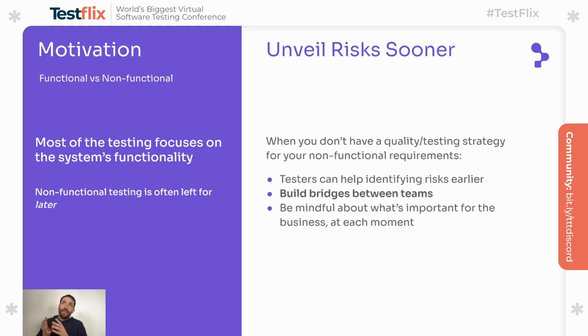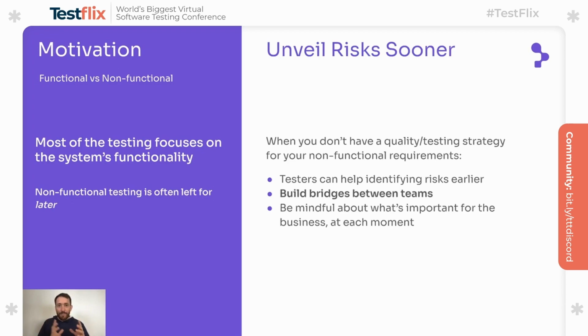If in your team you already have a testing strategy paying attention to particularly accessibility, security, and performance, probably what I'm going to share with you here is not something that will add a lot of value. But in most of the teams, these particular things are not in the radar of the team.